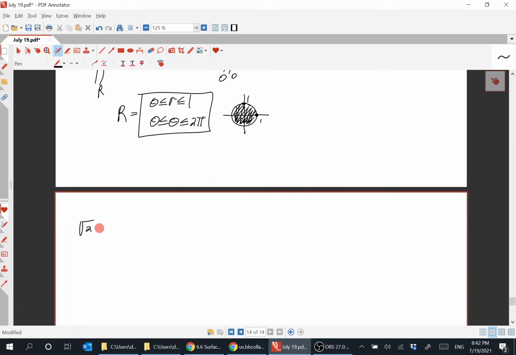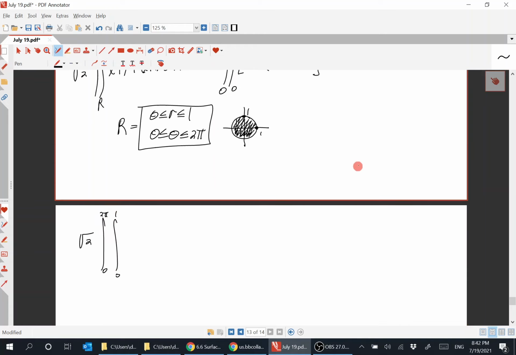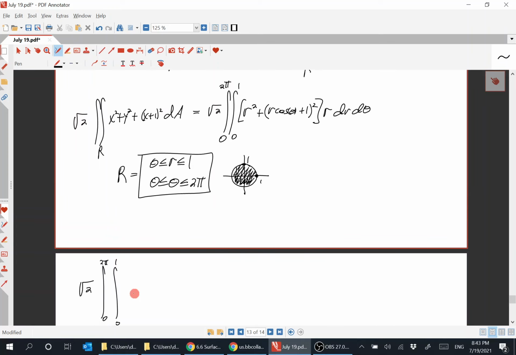So this is square root 2, integral from 0 to 2 pi, integral from 0 to 1, r to the third, plus. Now, if I evaluate that squared, it's x squared plus 2x plus 1, so that's r to the third cosine squared theta, plus 2r squared cosine theta plus r, dr d theta.